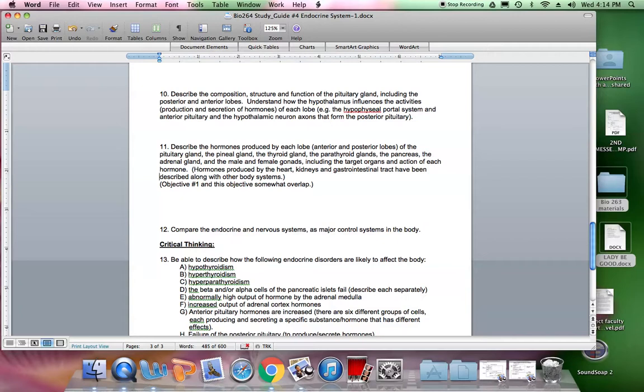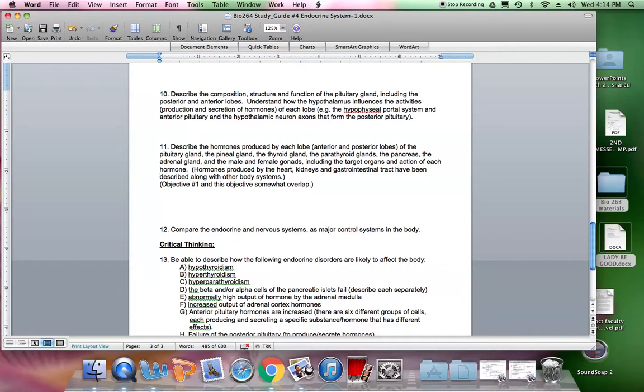We call that the hypophyseal portal system. Through that portal system, these stimulating hormones or inhibiting hormones from the hypothalamus will either stimulate or inhibit the release of their respective anterior pituitary hormones.